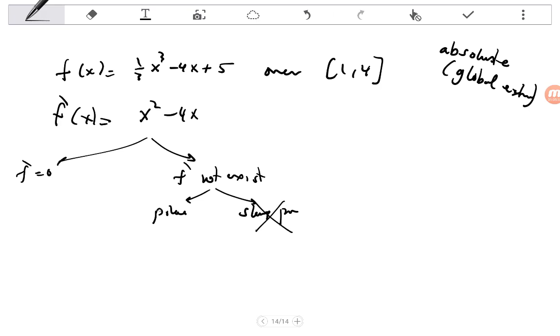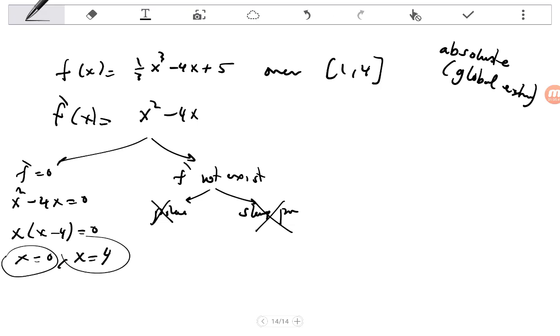We don't have sharp points, and we don't have poles. Only maybe f dash will be equal to 0. So x squared minus 4 equals 0. So here we just have zeros. These are the only critical points.